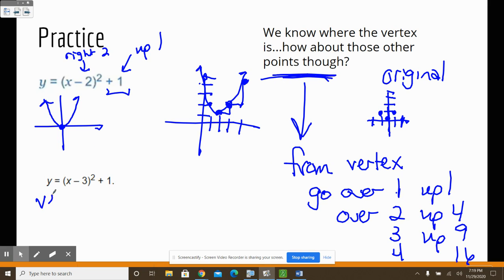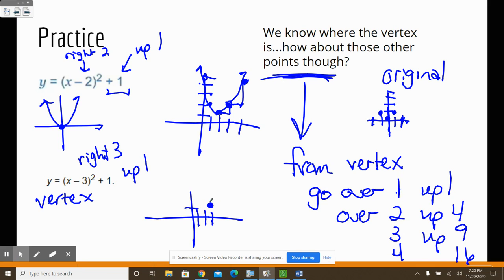Okay, so how do we graph this one? Well, where will the vertex be? Change the sign here. So I'm going to go to the right 3, and I'm going to go up 1. So from my original (0, 0), I'm going to go to the right 3 and up 1. And from there, I'm going to do my new points. Over 1, up 1.